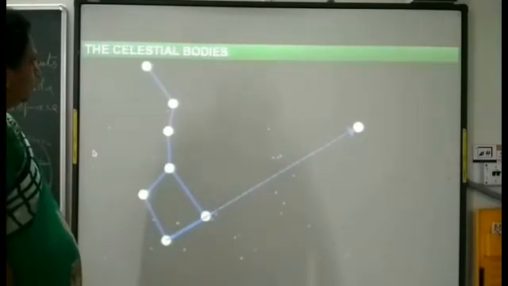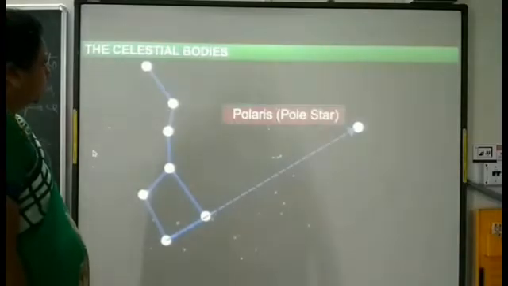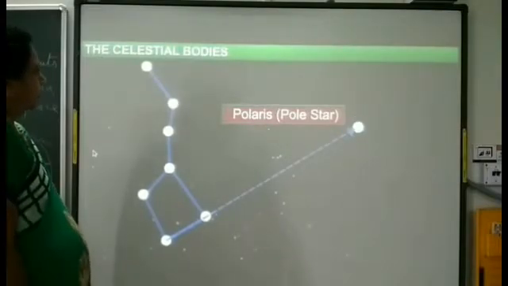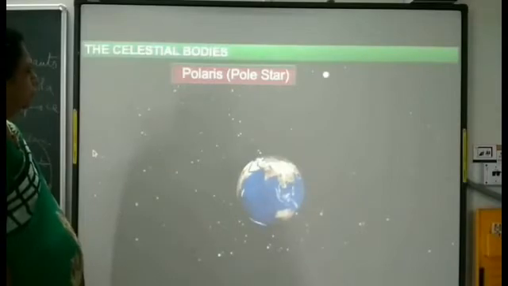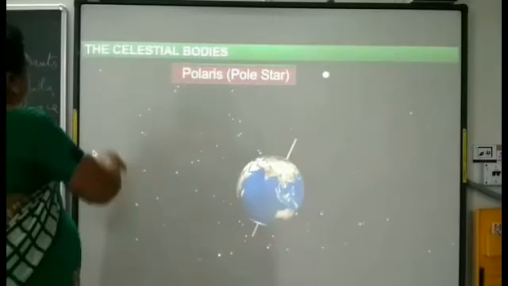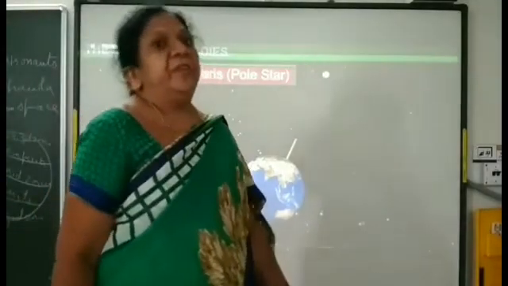The line directly points to another famous star called the Polaris or the Pole Star. All other stars appear to change their position due to the Earth's rotation. However, the Polaris seems to remain aligned to the Earth. See, you can see the pole star even from the Earth.